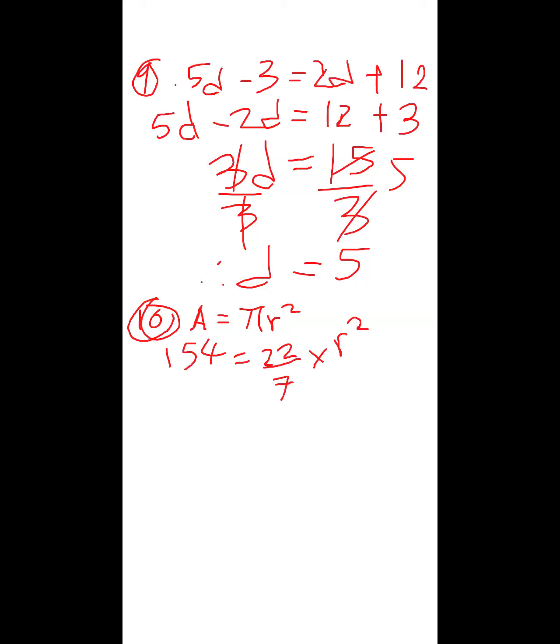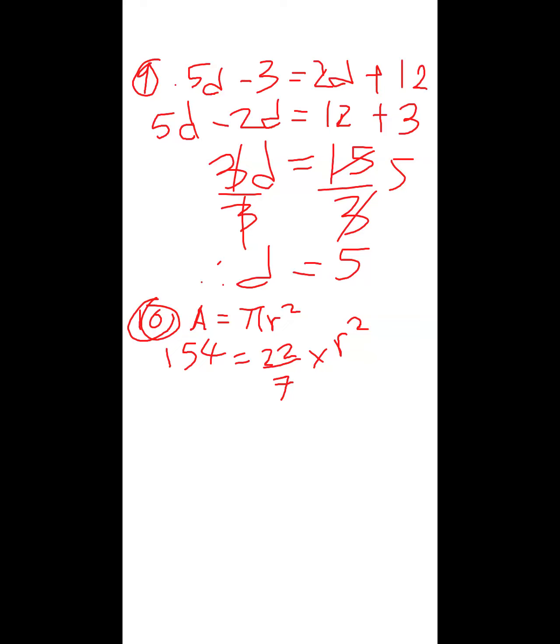Now, you remember what we did back there when we were looking for either x squared or L squared? The number that was multiplying it, we first divided both sides by that number, right? Mm-hmm. So in this case, 22 over 7 is multiplying r squared. So we're going to divide both sides by 22 over 7.